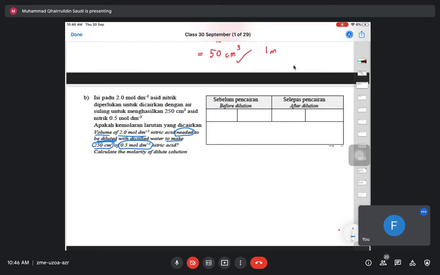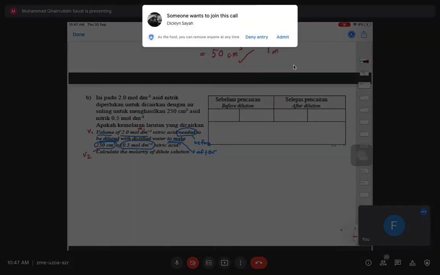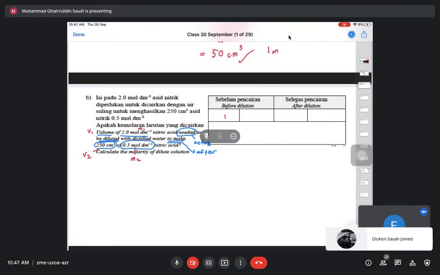Okay, so needed is before. To make is our product, meaning it is after. Identify it first. Before is V1, M1; after is V2, M2. Put it in the table.